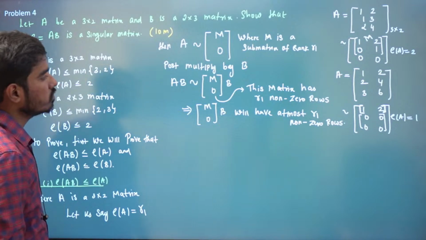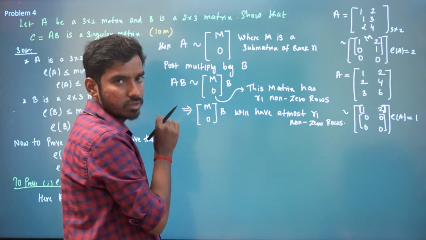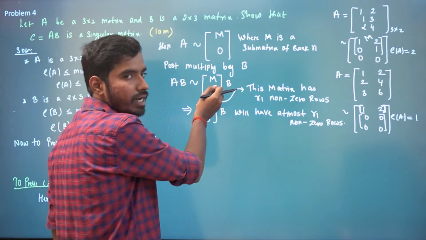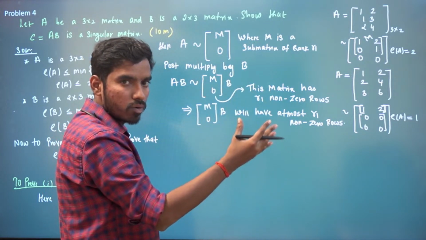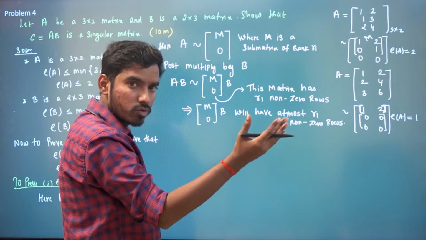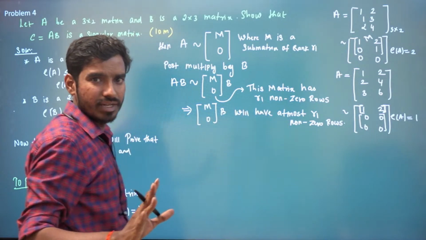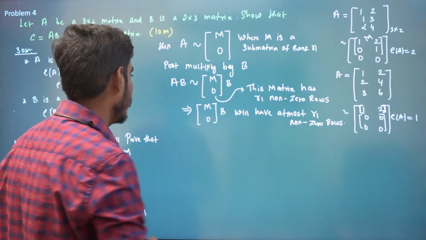If I multiply B with this matrix, either the whole can have R1 non-zero rows or less than R1 non-zero rows. Very simple, logical, right? Understanding.